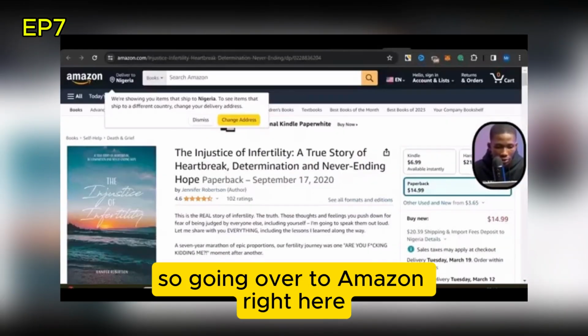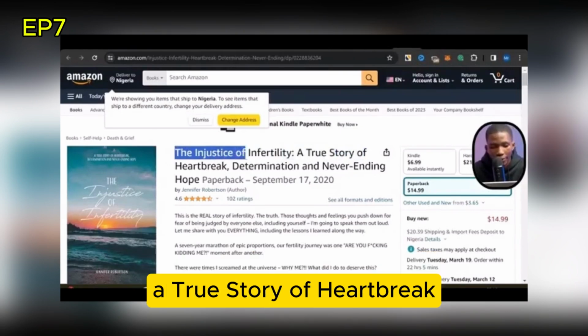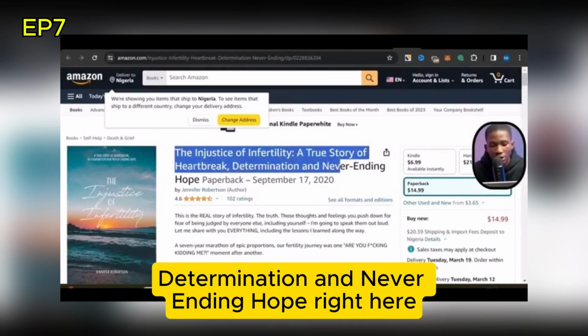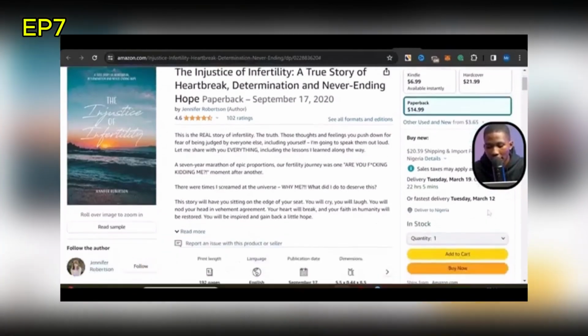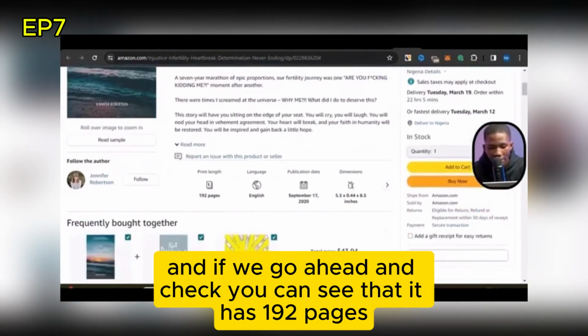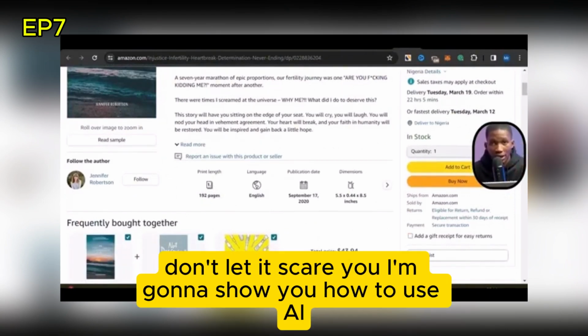Going over to Amazon, you can see this book called The Injustice of Infertility, a true story of heartbreak, determination, and never-ending hope. This book is selling for $14.99 US. And if we check, you can see that it has 192 pages. Now this should not scare you. I'm going to show you how to use AI.